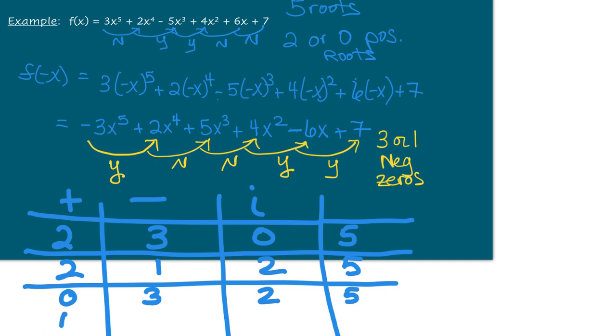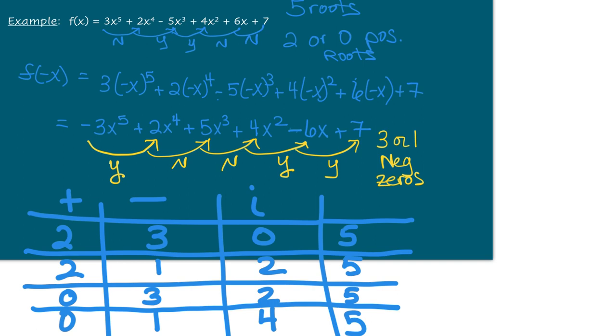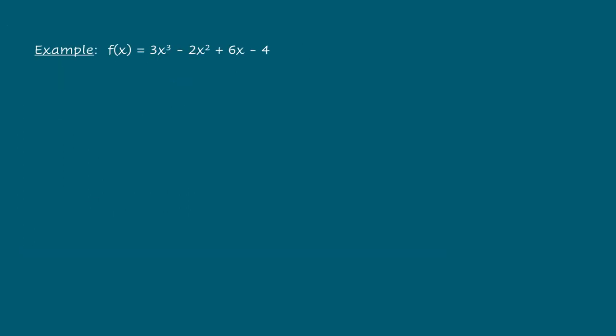If I have 0 positive and 1 negative, then I can have 4 imaginary, and there's my 5. So those, I think, are all the combinations that I can have. All right, let's try one more.